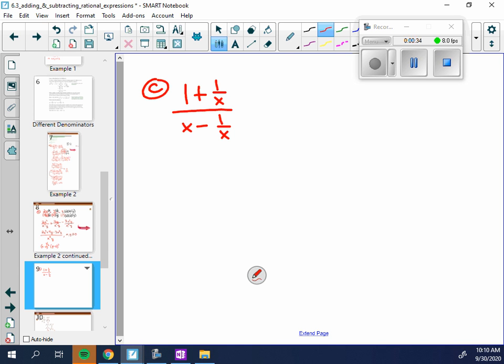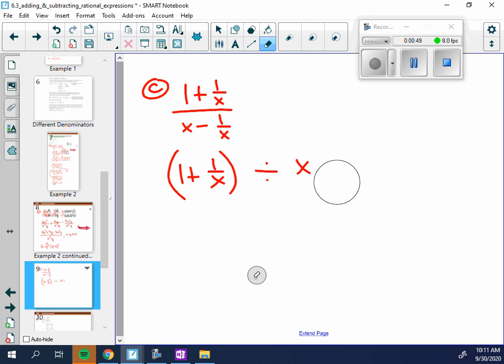Okay, so how this really works is you need to look at the numerator as being 1 plus 1 over x, okay? And then you have to look at the second piece as being in the denominator, so divided by x minus 1 over x.